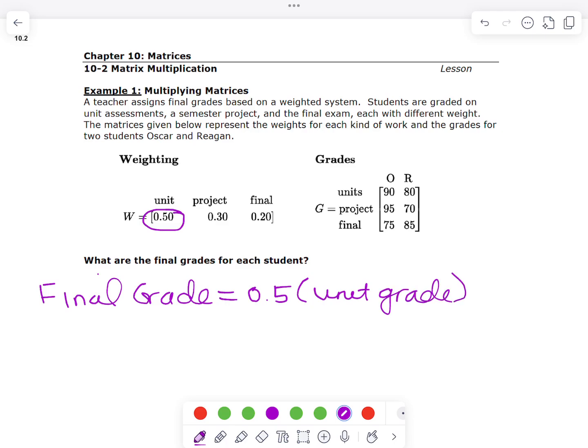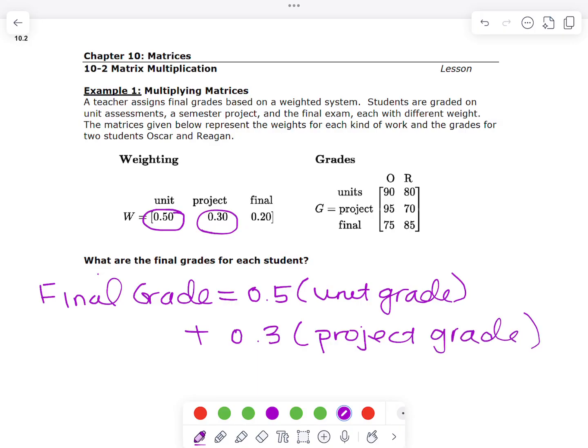So think about 50% plus 0.3, 30%, times their project grade, plus 20% of their final grade. And that's going to give you the student's final grade.